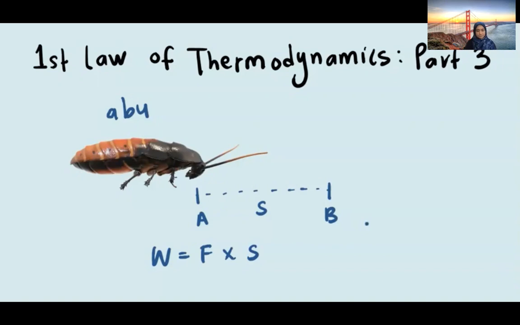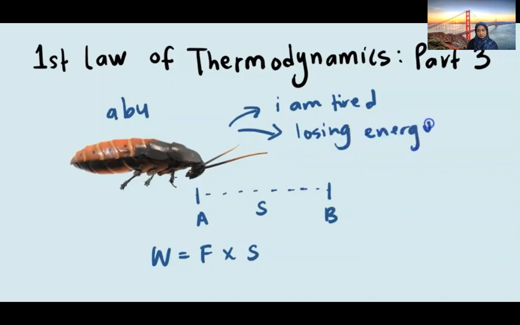So here, when Abu walks, he feels tired, because he is actually losing energy. So he is losing energy by doing work. What kind of work? He's just walking.